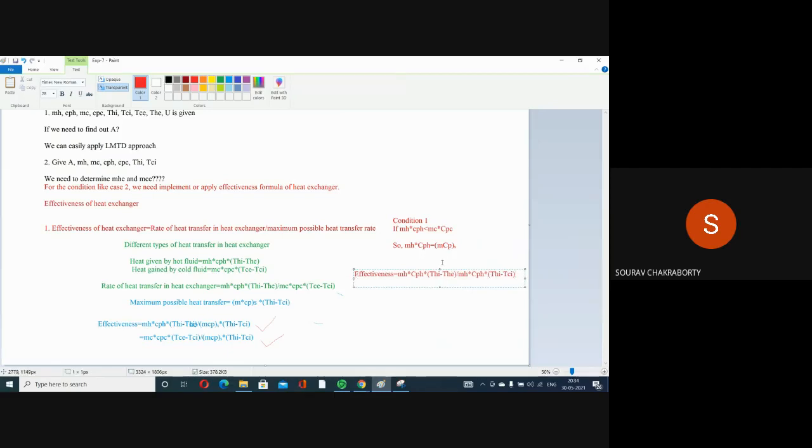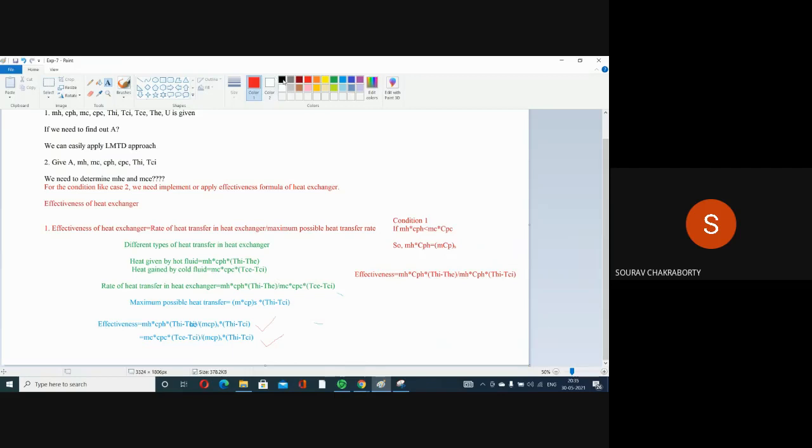If we observe this, we can see that this term and this term will be cancelled out, and this term and this term will be cancelled out. So ultimately, what expression will we have?